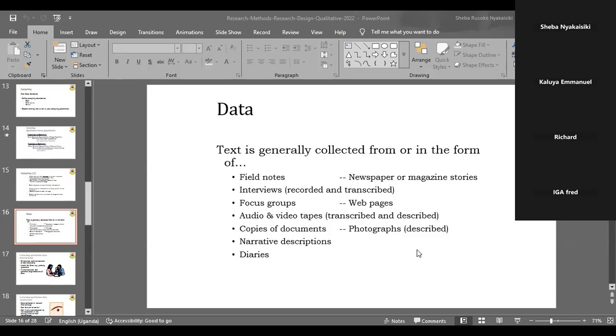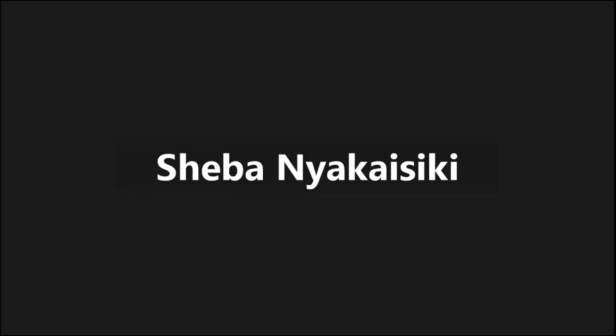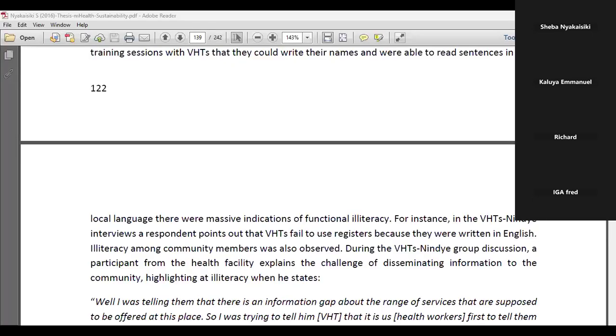That no one's name or identity will be revealed. Okay, then I understand. I was thinking there are sometimes people who do not want to be recorded. Yes, yes. So I'll just show you one of the ways you actually protect them.